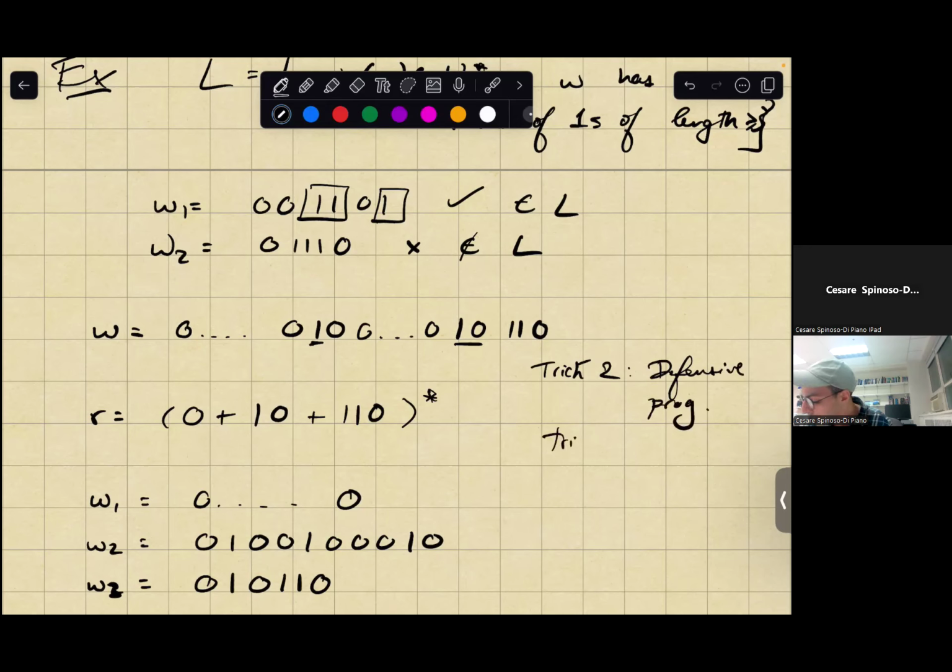And then trick 3 is you want to play with false positives and false negatives. Sometimes you're going to be accepting too much, and then you have to restrict the regular expression. Other times your regular expression is too strict, so you have to expand it a little bit.